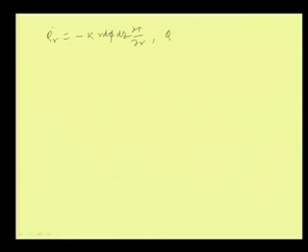Then q dot phi will be minus k dr dz, this is the area, thermal conductivity into area into del T by r del phi. And q dot z equals minus k into r d phi into dr into del T by del z.